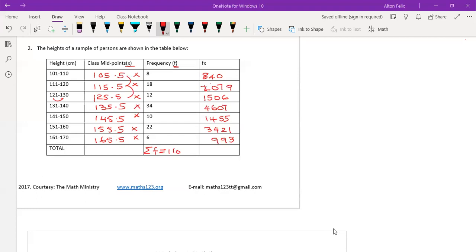Then we're going to add 1455. Then we can add 4607 to that. Then 1506, 2079, and 840. 14,901. Right, let's just double check that. Working from the top, come down now.